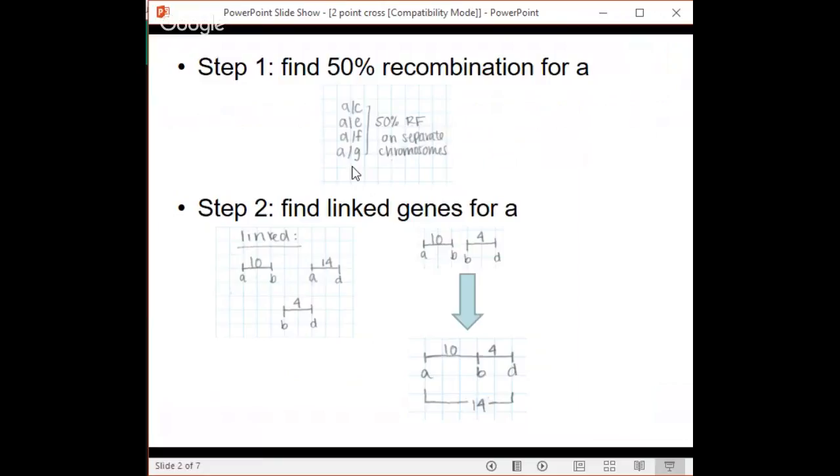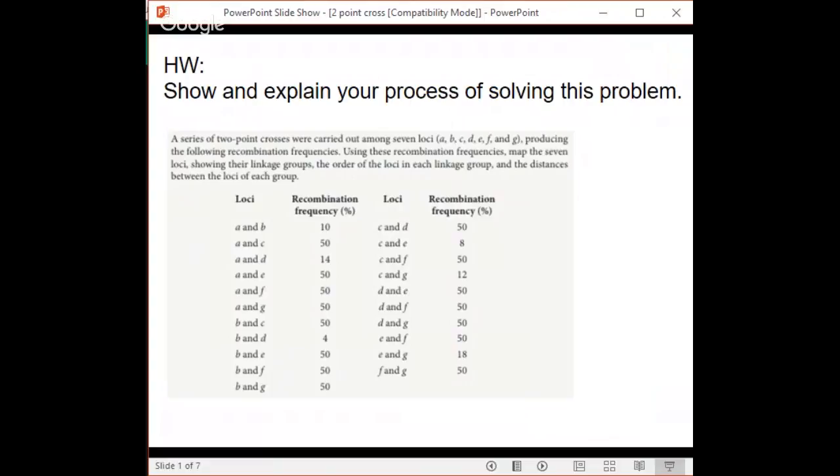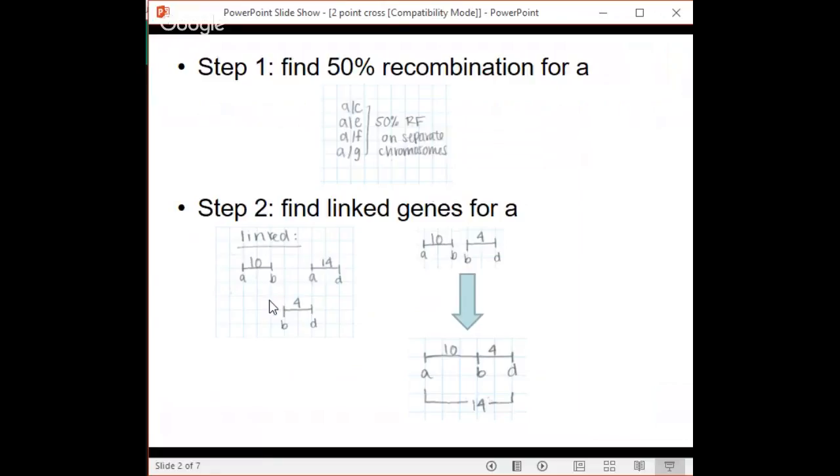D. So we go back to our table, A, B, and D, and their linkage groups, and I've transposed it here in step 2 to find the linked genes for A. We know that between A and B is 10, and between A and D is 14, and between B and D is 4 centimorgans.